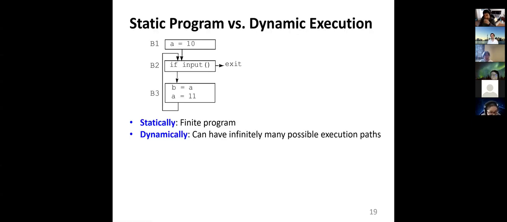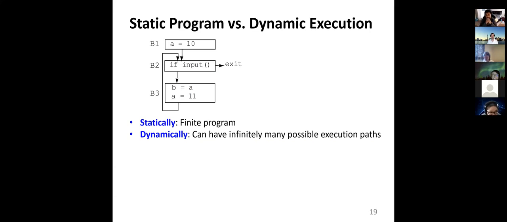Right now I'm not even showing you examples of what we're going to do with data flow. I'm just showing you the need for it and why it provides some interesting, meaningful information. Another important example is static versus dynamic program representation.